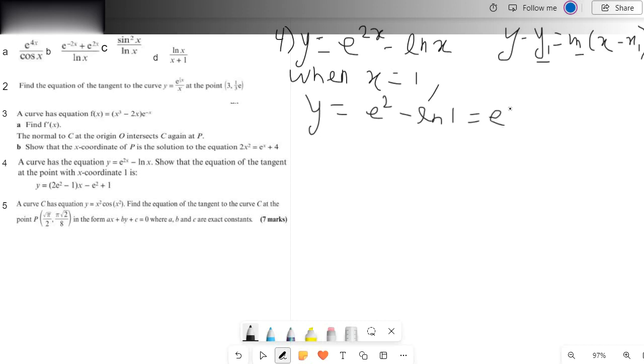So we will have e squared as the y coordinate. And now we can find the derivative of y, which is dy by dx, or the gradient function, which will be d/dx of e to the power 2x minus ln x.